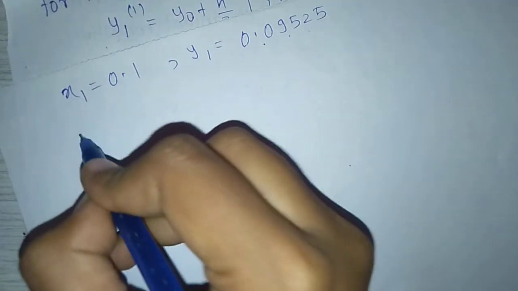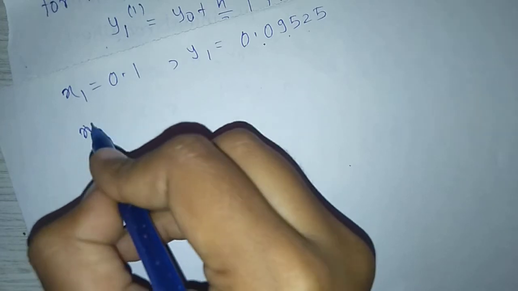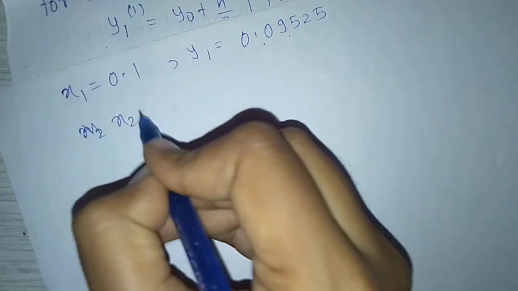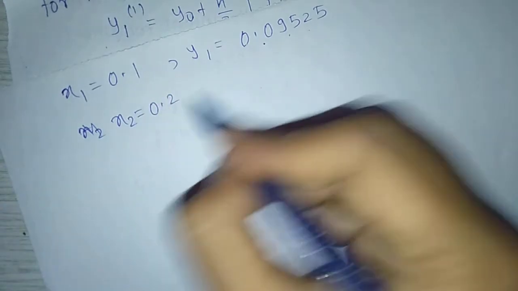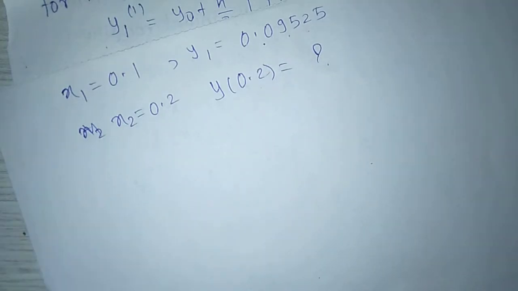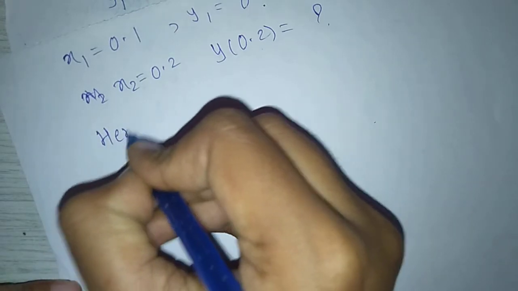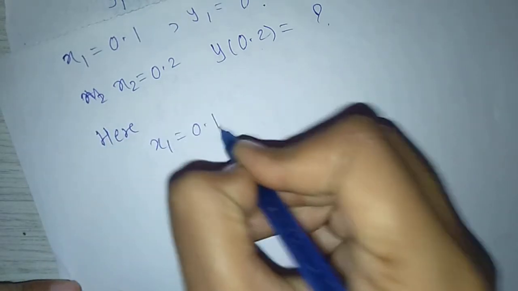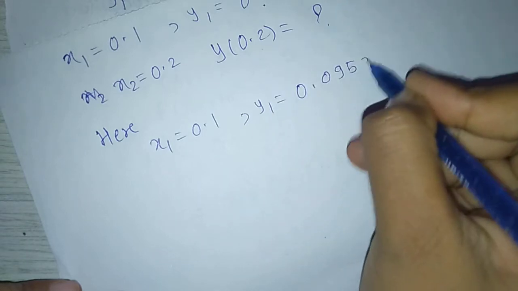For y2 we take x2 equal to 0.2. So y of 0.2 equal to what? That means we solve on the closed interval 0.1 to 0.2. Here x1 equal to 0.1, y1 equal to 0.09525.